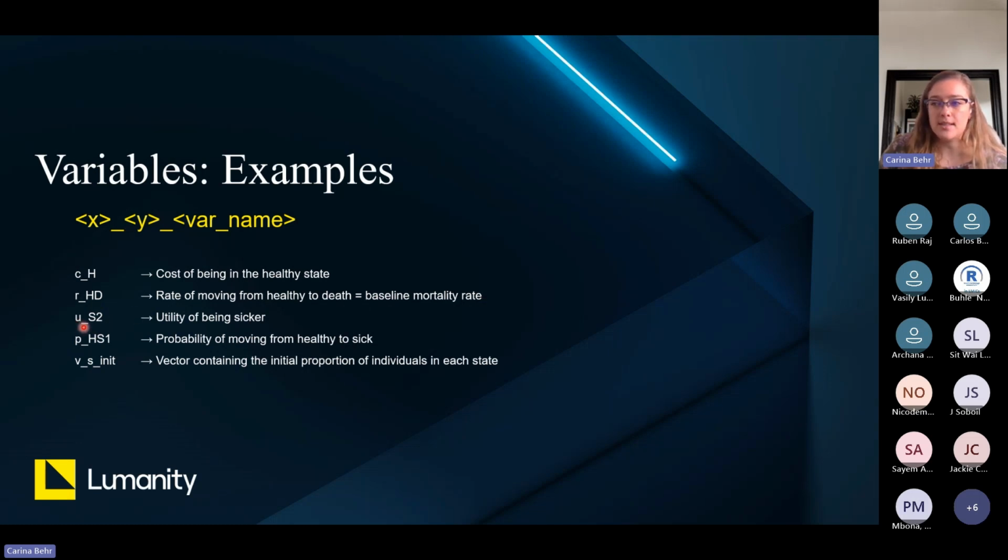We have the utility of being in the sicker state. We have the probability of moving from healthy to sick, and we have a vector containing the initial health states, or the initial proportion of individuals in each health state.